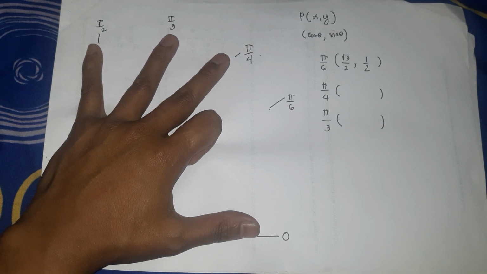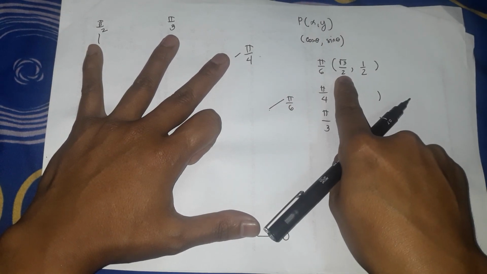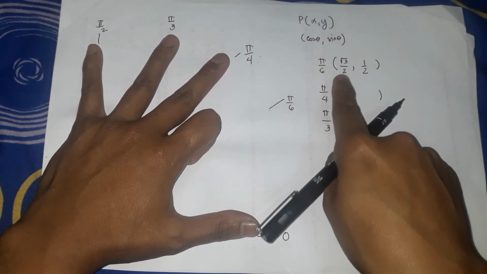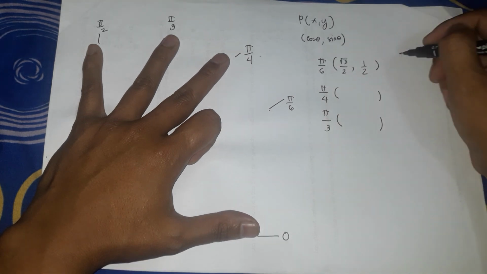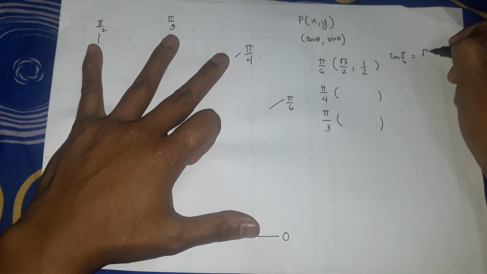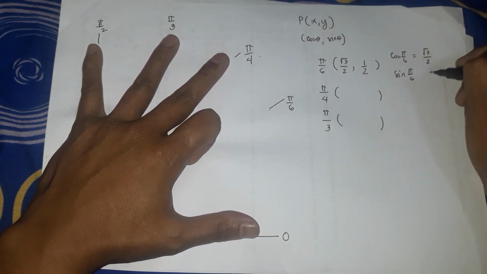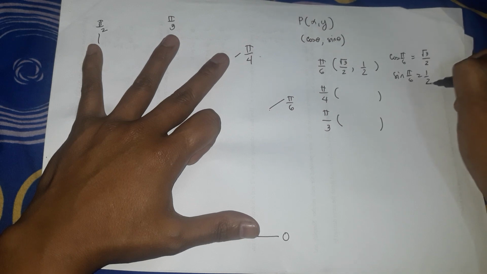So that is the coordinate for pi over 6. It means that cosine pi over 6 is square root of 3 over 2, and sine pi over 6 equals 1/2.